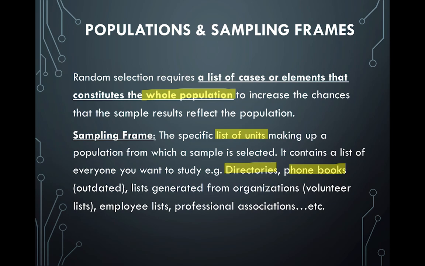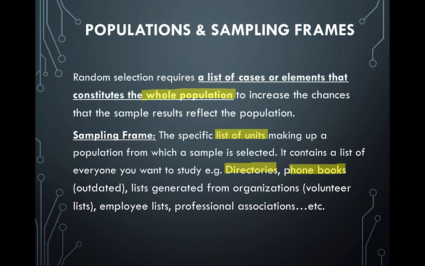Then, rather than try and interview all 141 of you, which would be a lot of work, we could say, let's interview a sample of just, say, 10. And in order to do that randomly, a very basic point, we need the full list to do the random selection from. Often these are like phone books, outdated, yeah.